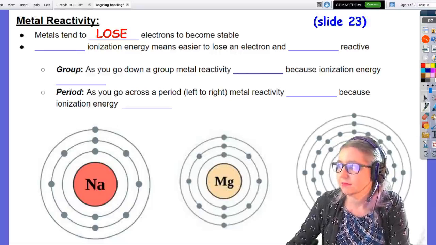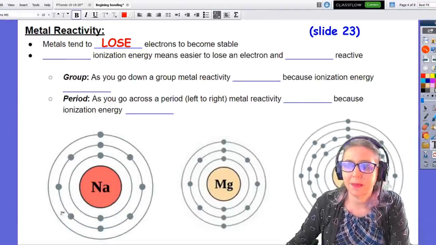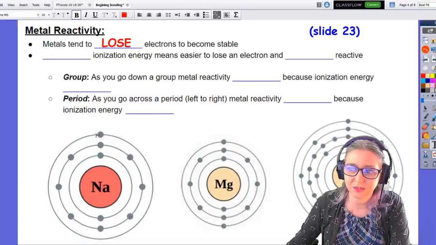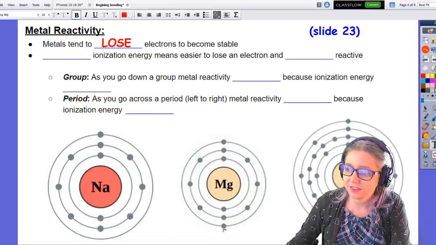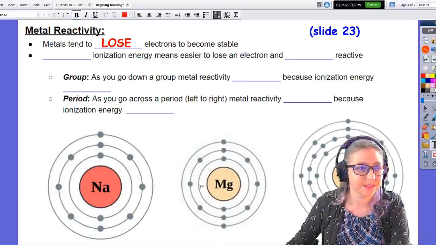Atoms are lazy. They will do the path of least resistance. So it's a lot easier to lose 1 than to gain 7. Here my magnesium has 2 valence, so it can gain 6 to get to an 8, or it can lose 2 to get back down to its 8.